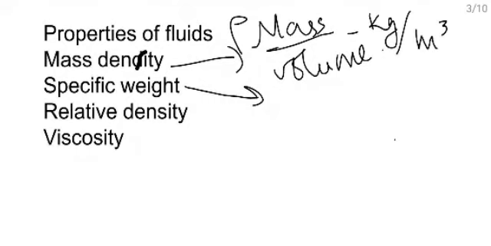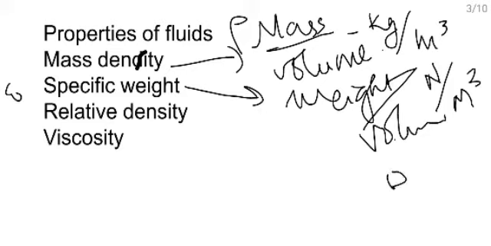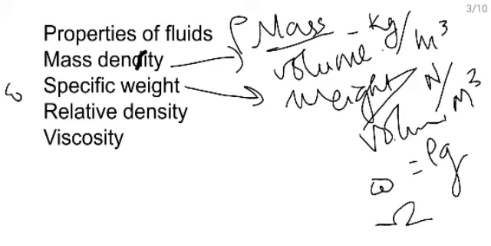Specific weight is weight per unit volume, so its unit is Newton per meter cube, and it is denoted using the letter omega, which is equal to rho g. Capital omega is this one, I think.